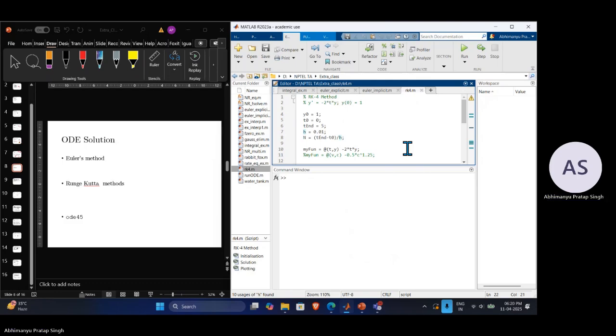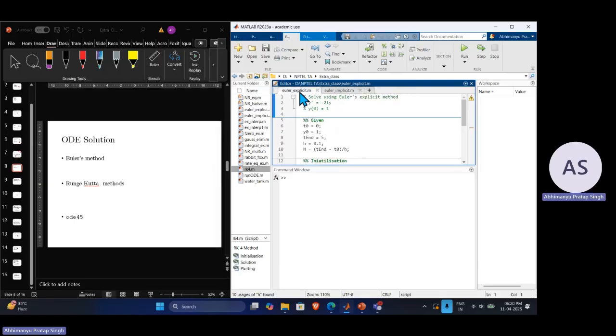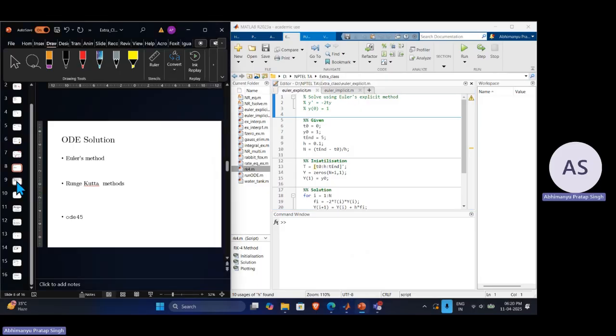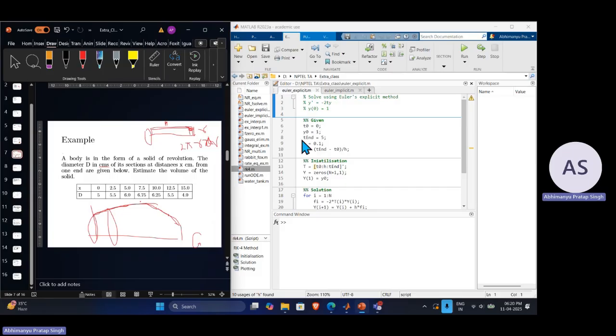Let us first look at Euler's explicit and implicit methods. First we will look at Euler's explicit method. So I have the problem over here. Fine.